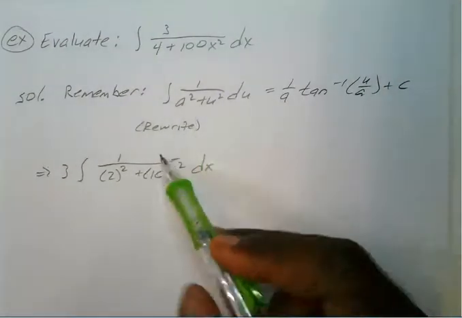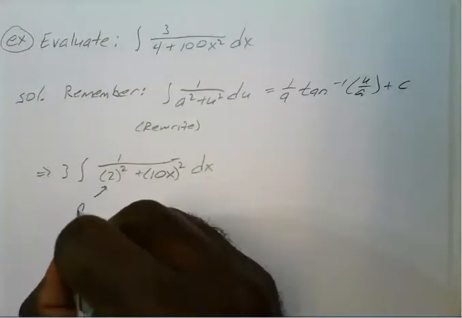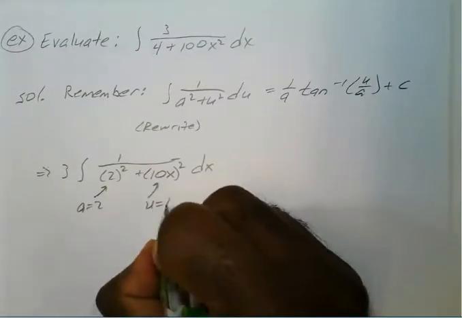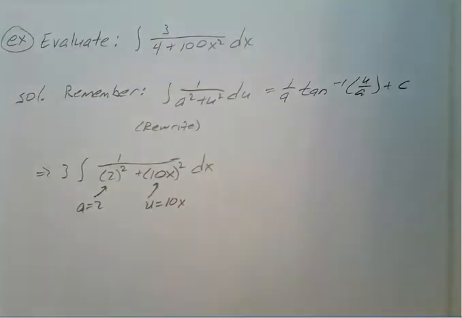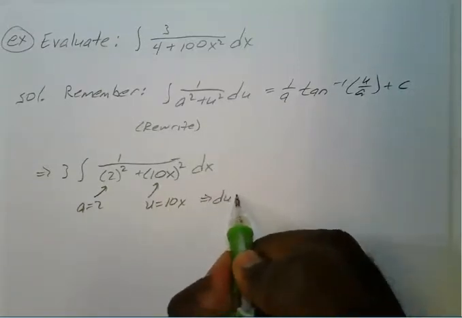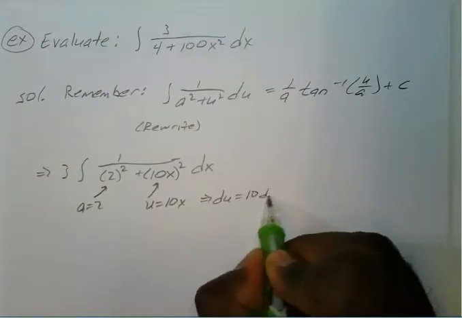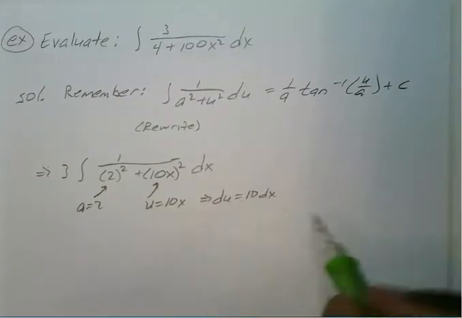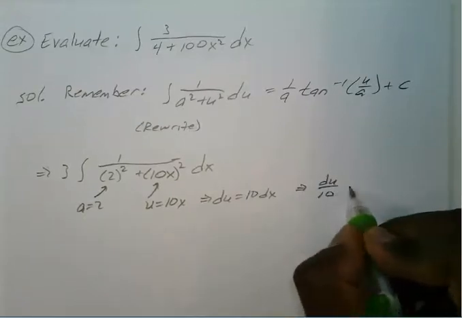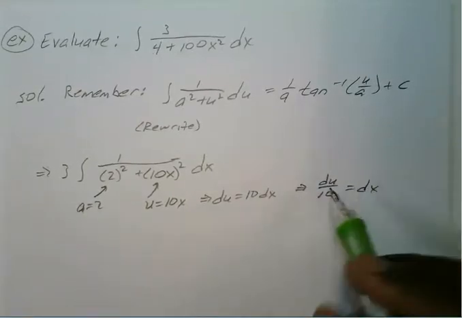Okay, so now matching these up, your a is equal to 2, your u is equal to 10x. So if your u is equal to 10x, that means your du is equal to 10 dx. Divide both sides by 10. That means du over 10 is equal to your dx.